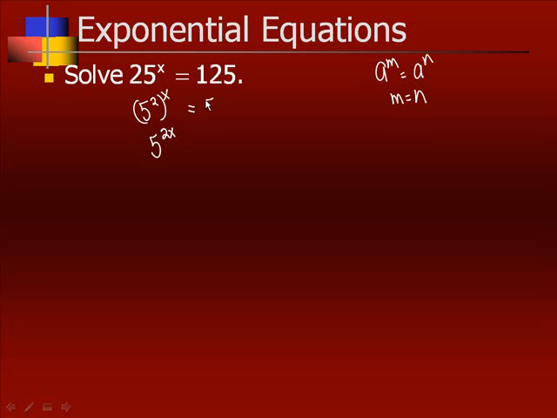Now 125 is 5 times 5 times 5, which is 5 to the third. So if 5 to the 2x is equal to 5 to the third, then 2x has to be equal to 3, or x has to be equal to 3 over 2, or 1.5.